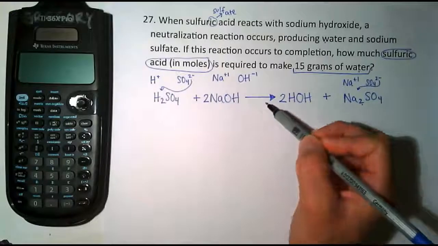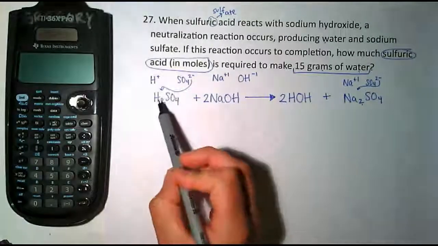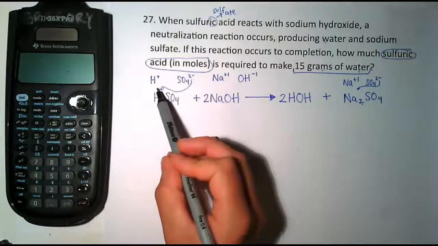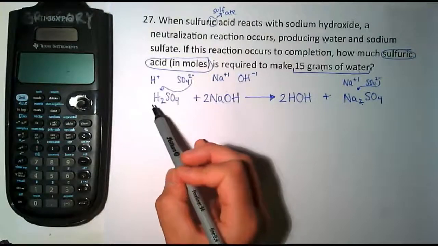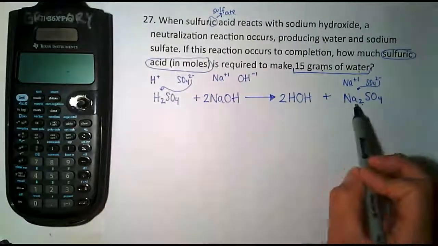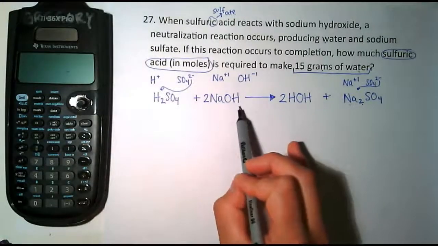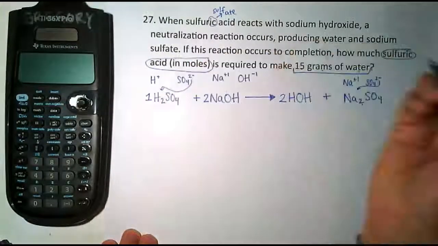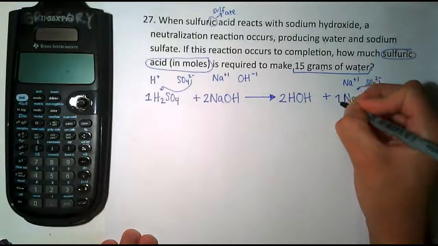I balanced my hydroxide, but my hydrogen I need to double check. But when I go over to my reactant side, I notice that there are 2 hydrogens as well. So hydrogen's in balance, sulfate's in balance, sodiums are in balance, and hydroxides are in balance. So we are good with a balanced chemical equation. I'm just going to fill in a 1 here and a 1 here.